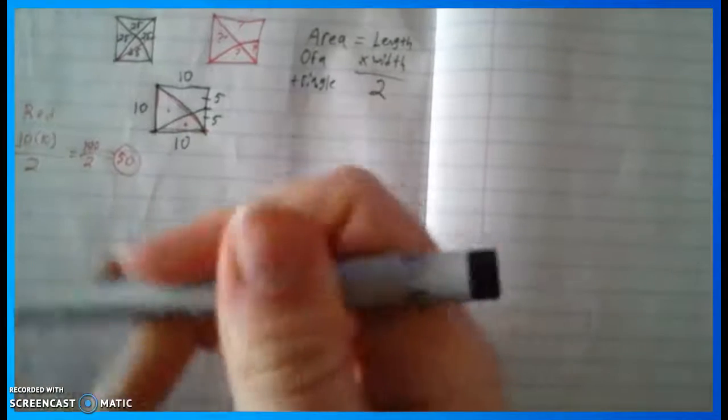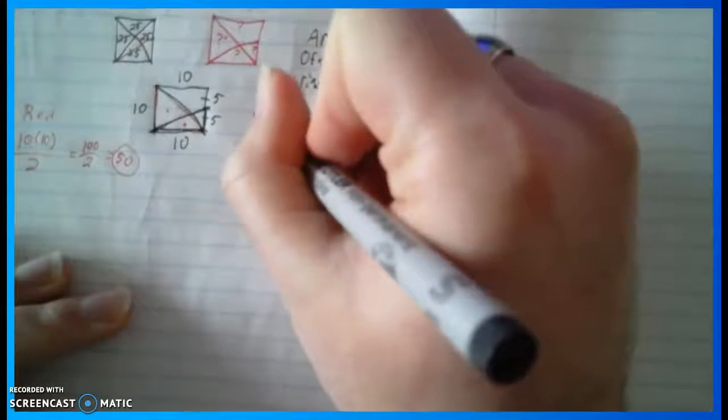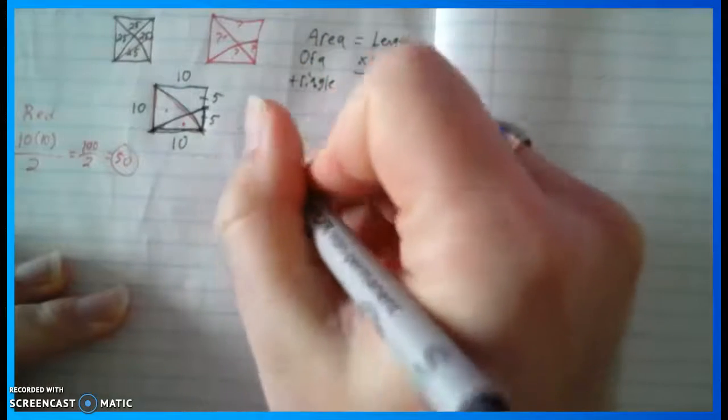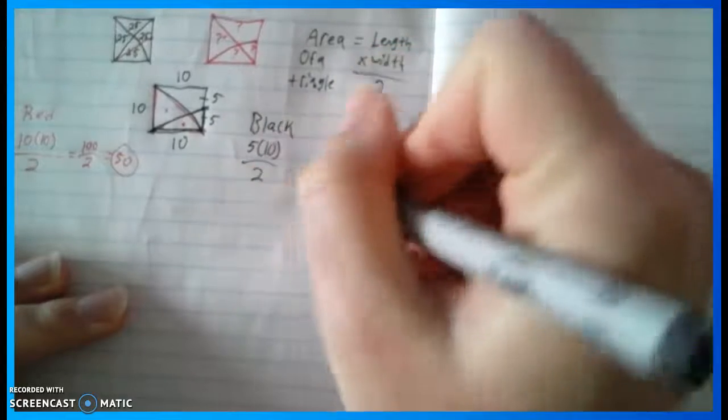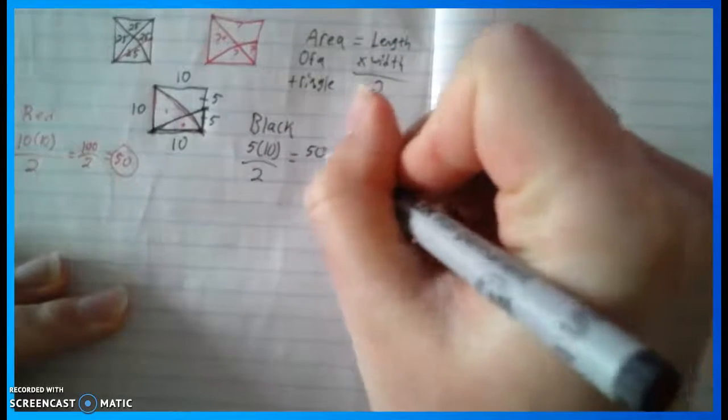Okay. We can also find the area of this triangle pretty easily, and I'll outline that in black. All right, this triangle right here, we can find the area of. That's going to have an area of 5 times 10 divided by 2, or 50 divided by 2, which is 25.